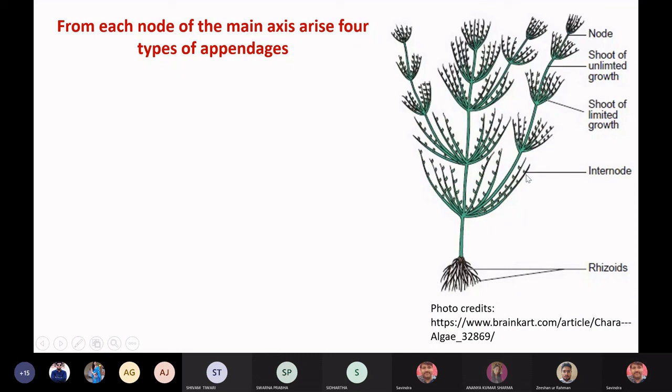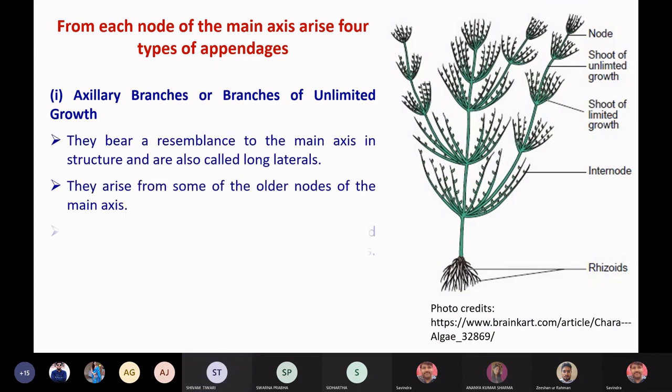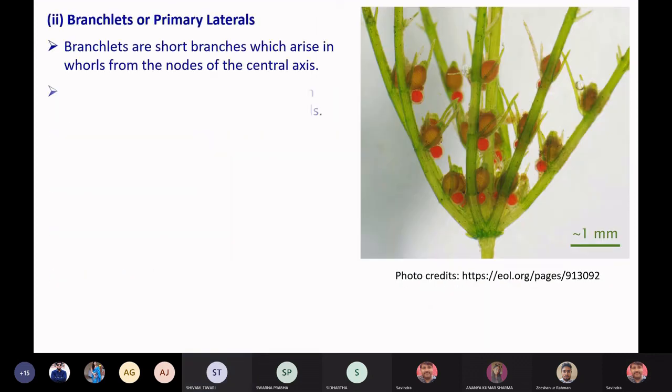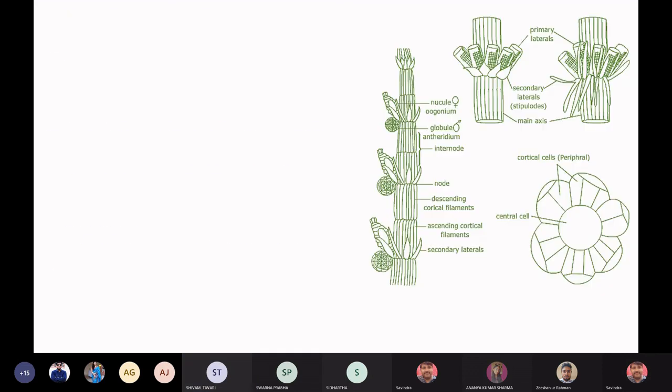The first diagram you will make is the morphology. This diagram. Yes, sir. The second diagram you will make is the branch of limited growth. This one, only this one.